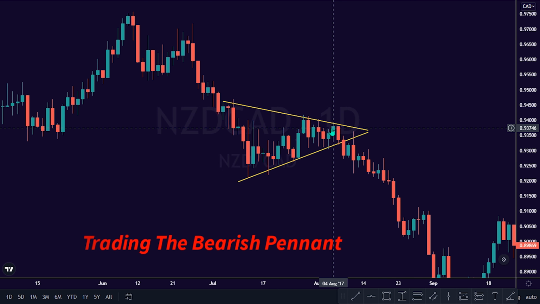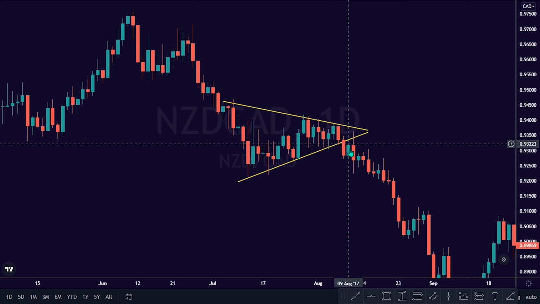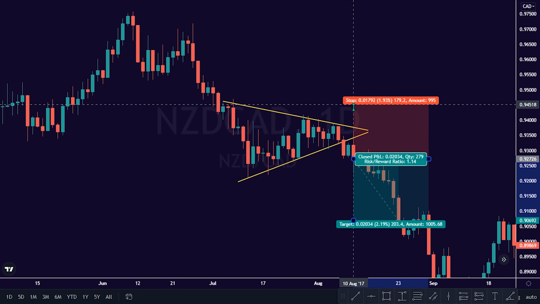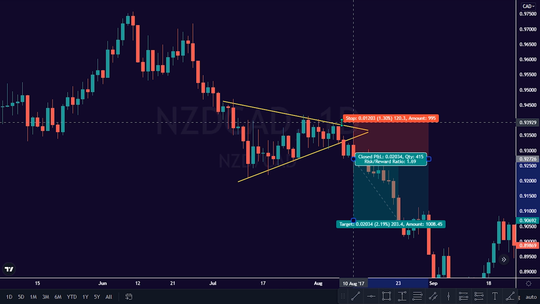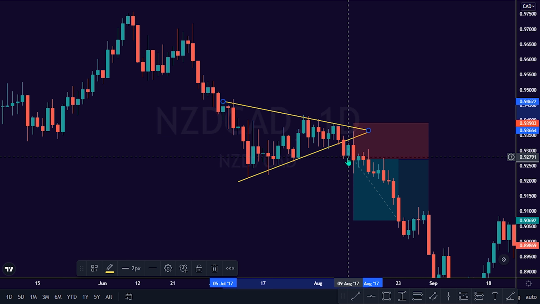There was a bearish breakout of the lower trend line of the pennant pattern here. Stop loss can be placed above the upper trend line here. A short position can be placed at the bearish breakout for price below the pattern structure here.